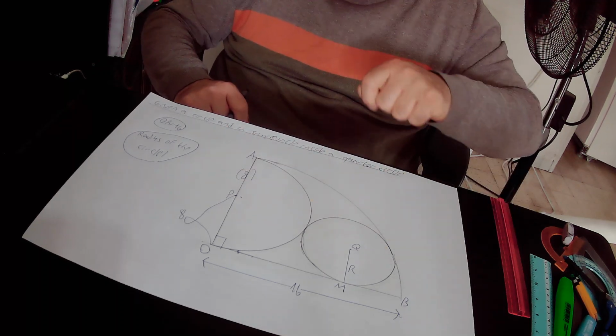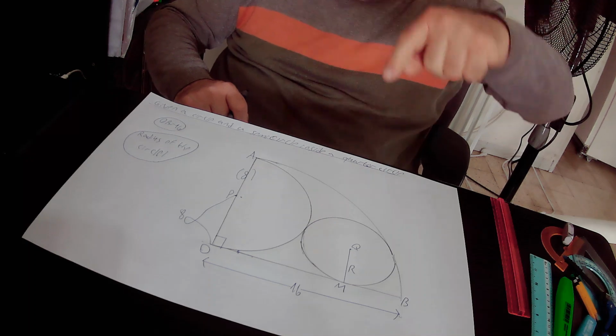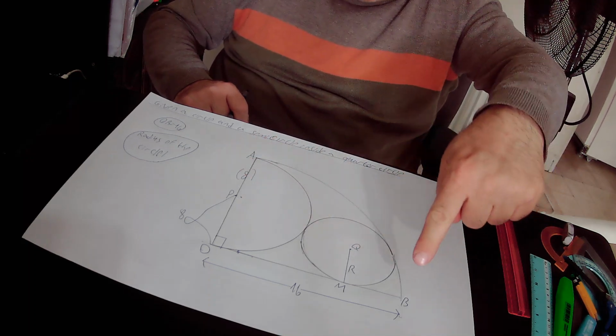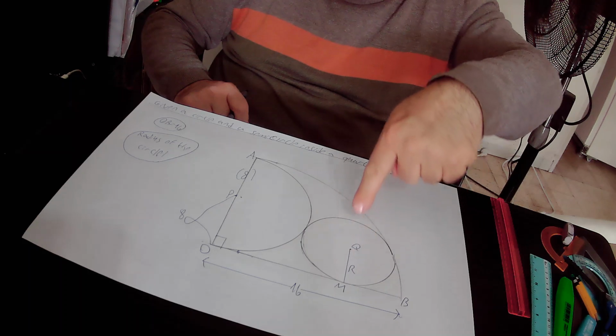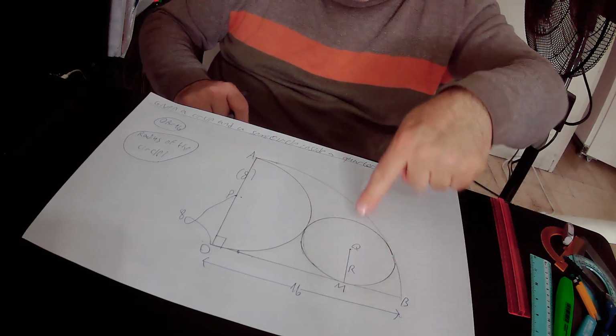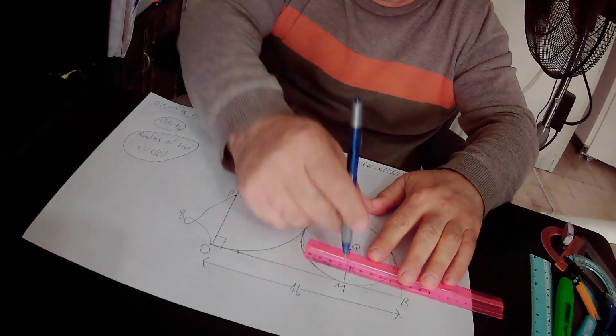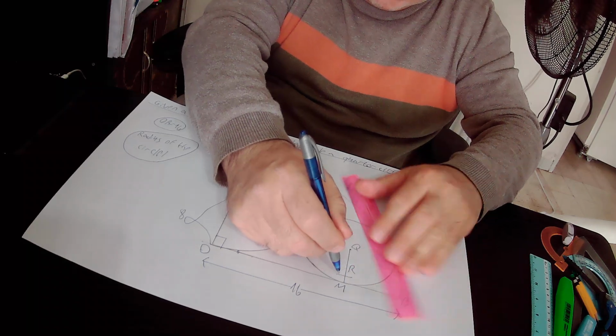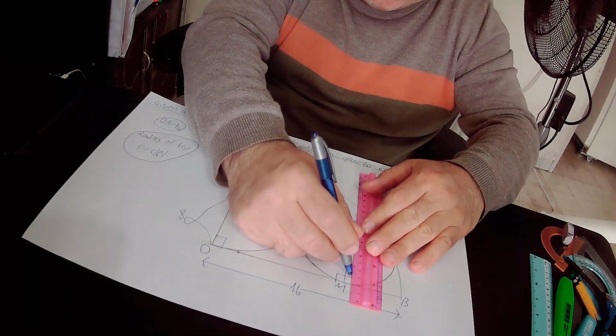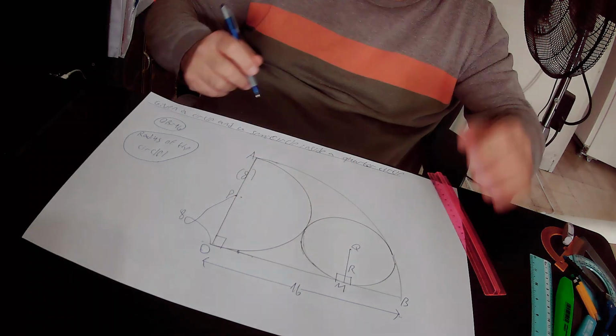And whenever you have a radius drawn to the point of tangency, then tangent OB will be perpendicular to the radius MQ. If OB is perpendicular to MQ, it means that this angle equals 90 degrees, and this angle also equals 90 degrees according to rule 1.